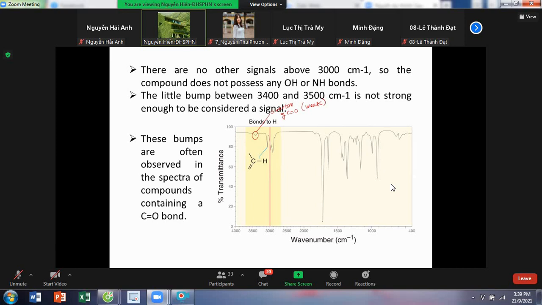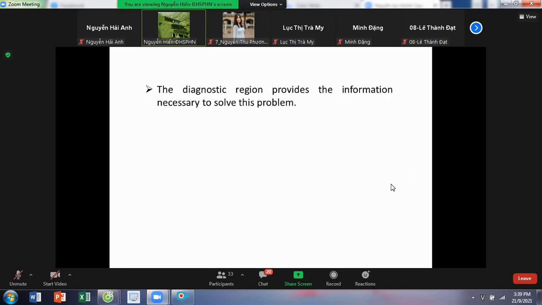As I told you, it is the overtone of the C=O double bond. So the diagnostic regions provide the information necessary to solve these problems.